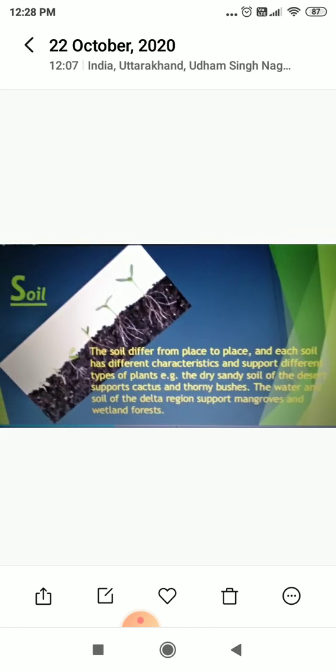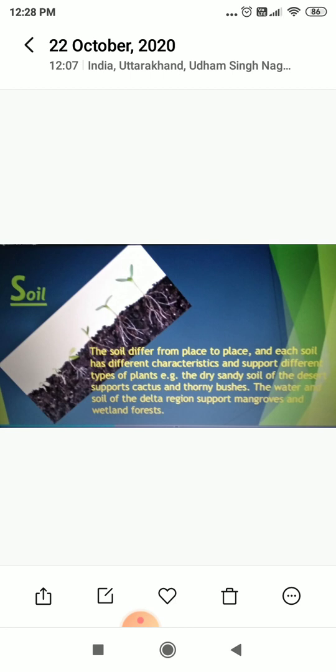Now soil. The second important relief feature is soil. Soil varies from place to place, and in India we have approximately six or more types of soil. These different types of soil provide the basis for different types of vegetation in India.